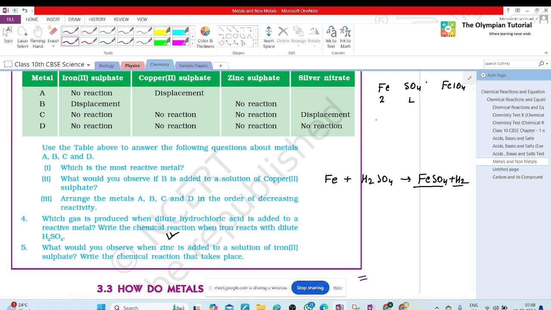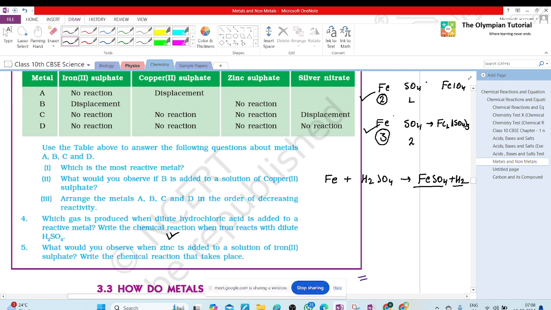If they are saying ferric sulfate, it means valency of iron is 3 and sulfate is 2, so it will become Fe2(SO4)3. Iron has two variable valencies, 2 and 3.